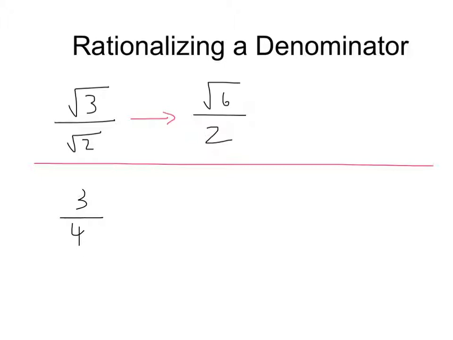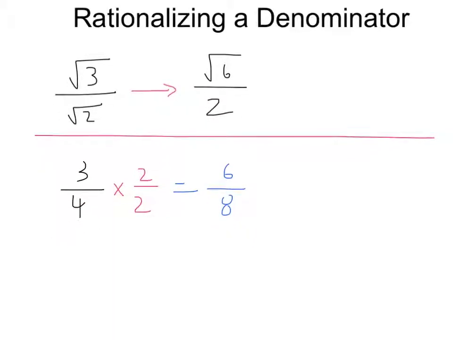What you could do is multiply this by, let's say, 2 over 2, and get the fraction 6 over 8. Hopefully you recognize that 6 over 8 is the same thing as 3/4. It's really simple, you could just reduce 6/8 and you get 3/4.